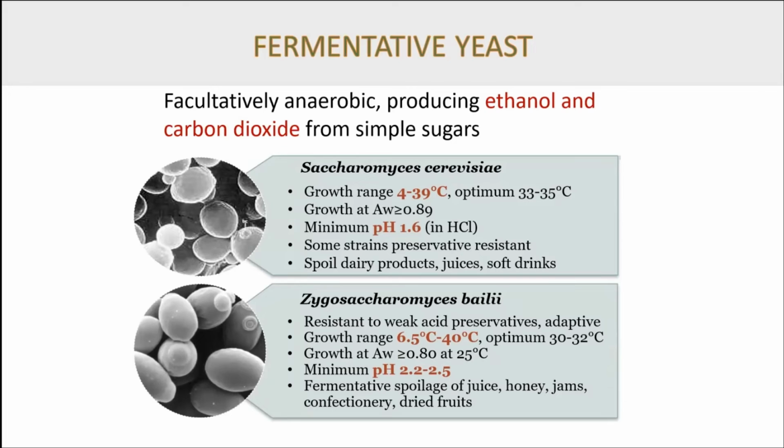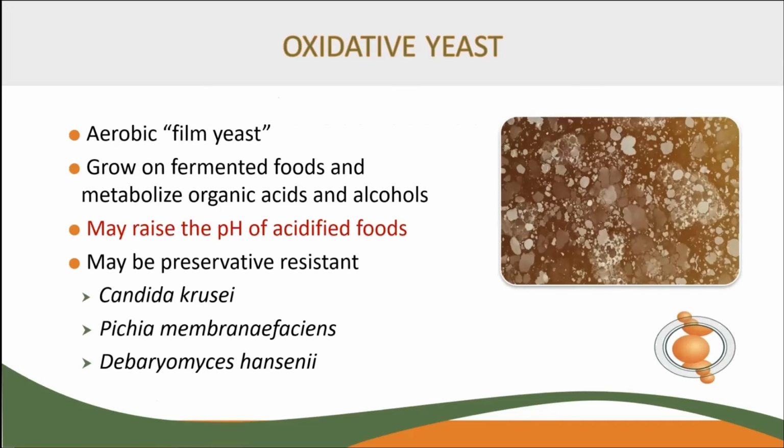And Zygosaccharomyces bailii and other species in this genus are notorious spoilage agents because of their ability to grow at very low pH, and they also produce gas when they grow, so they cause bulging. If they contaminate, they can easily spoil juice, honey, and jams because of their ability to adapt to the food system.